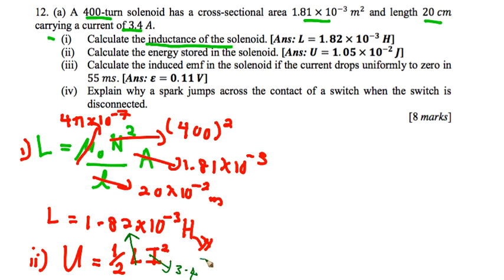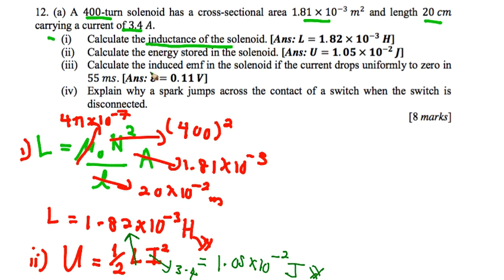So now you can find the energy stored in the solenoid is 1.05 times 10 to the minus 2, and this is energy, so the unit is joule.